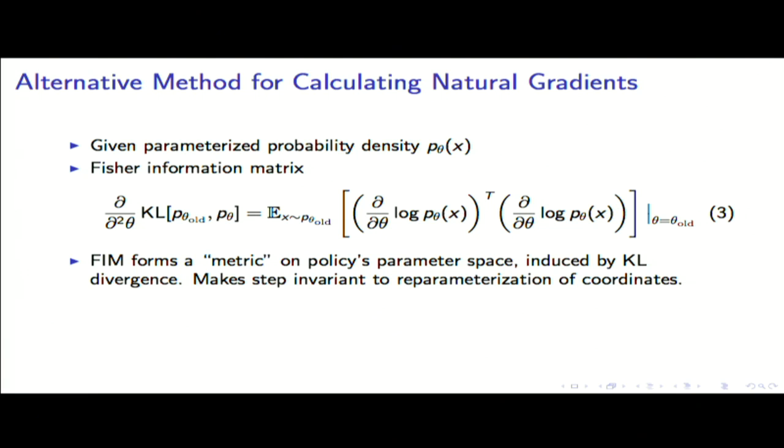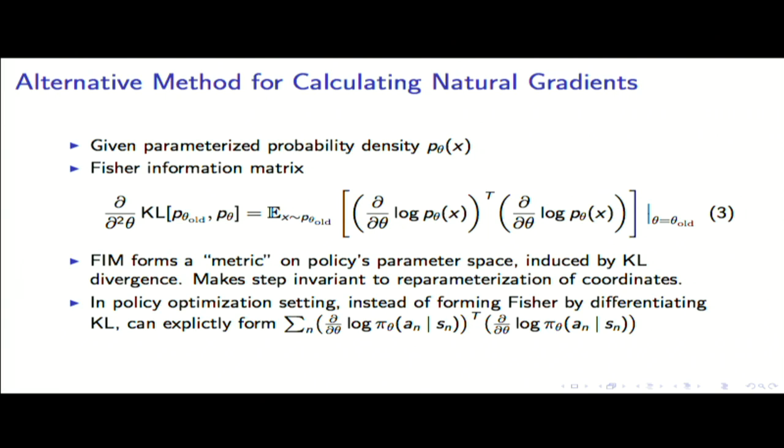The nice thing about this equality is that, instead of taking the second derivative of the KL divergence to compute this matrix H that we were talking about before, we can compute grad log probability at a bunch of states and take the outer product of it with itself. So we're getting second moments of grad log probability, and using that to compute our update.